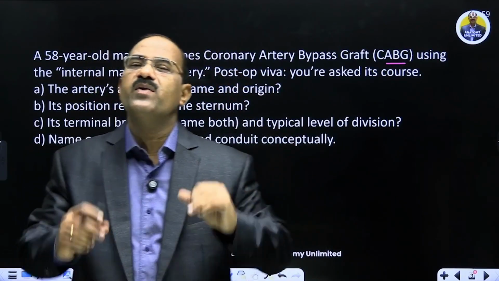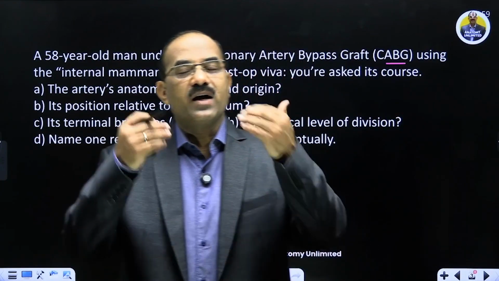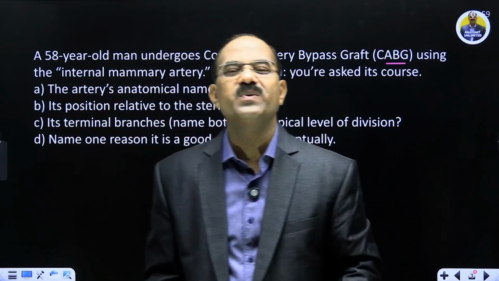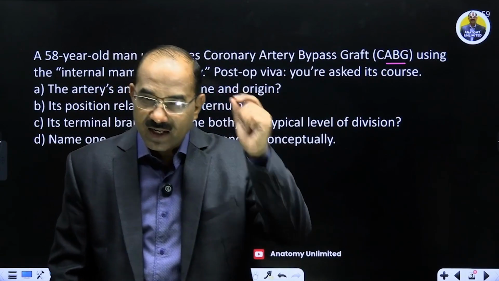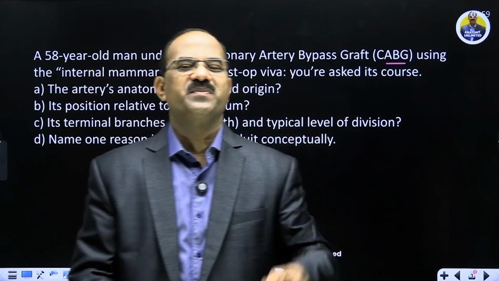Why is this artery normally selected? Because it is consistent, it has a very straight course, and it is easily accessible. So this is the artery which is selected generally for a coronary artery bypass graft.